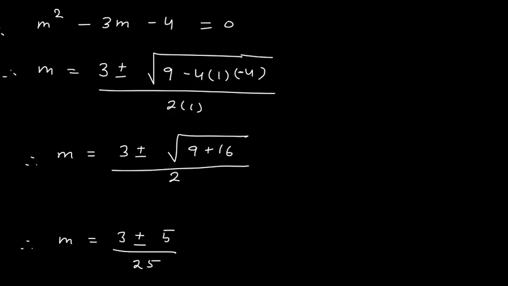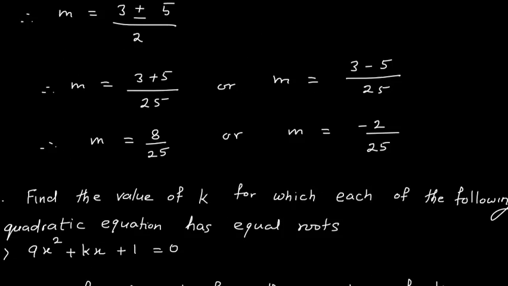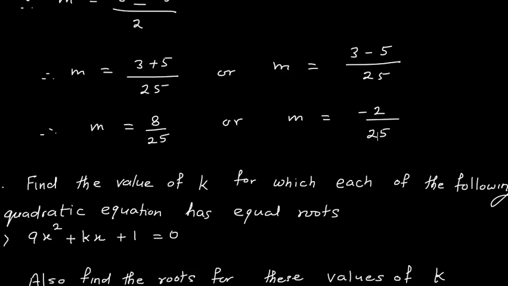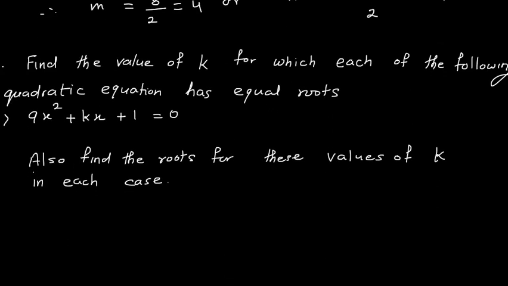Here it is 2 into 1 is 2. Why am I writing 25? It is 2. Yes. So I will say that this is 2. So 8 divided by 2 is 4 and here it is minus 1. So value of m is 4 or minus 1, right?